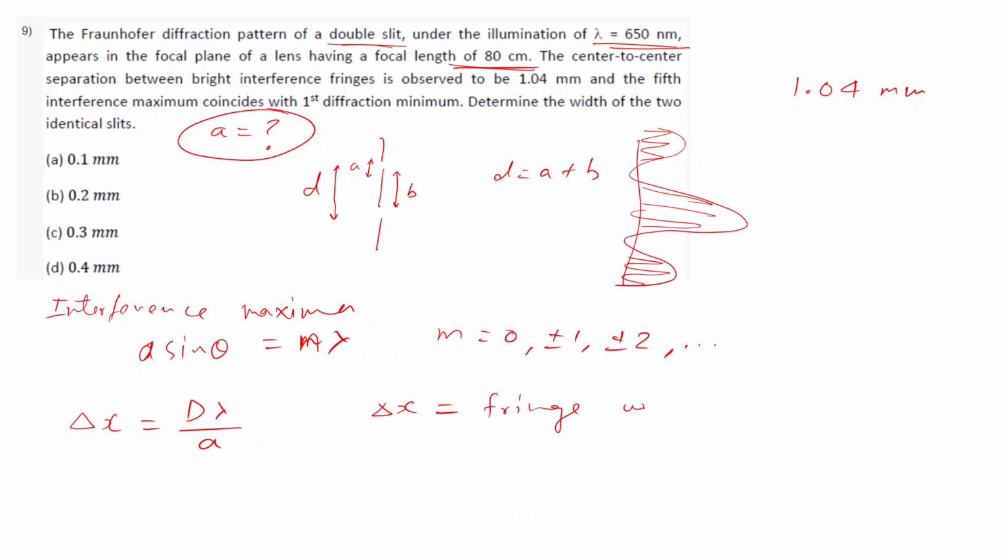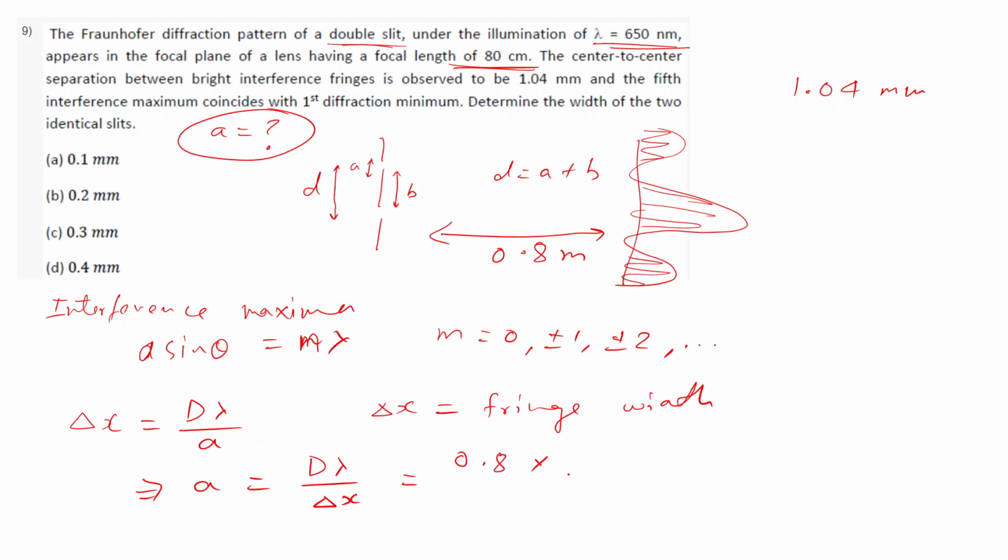Fringe width or fringe distance, okay. So using this, we can find out a is equal to d lambda by delta x. Now d is 80 centimeter, which is 0.8 meters.